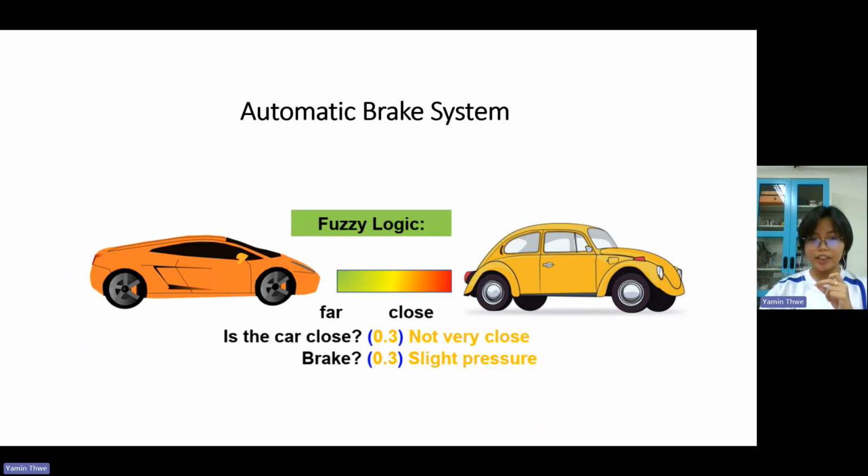As we can see here, there are two cars, and the car is far, or very close, or just close but not so close. So we have many conditions. If it's not very close, we will not brake directly, but just slow down. So there are many conditions in this automatic brake system, and we can use fuzzy logic in this system.